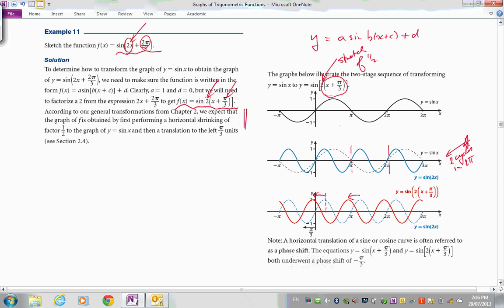Because it was a stretch of a factor of a half. It usually is at pi on 2, there's usually our maximum, but it was stretched by a factor of half, so now that's back at pi on 4, and then we have to take pi on 3 away from it to get our new maximum point there. So everything's got to be moved back pi on 3.